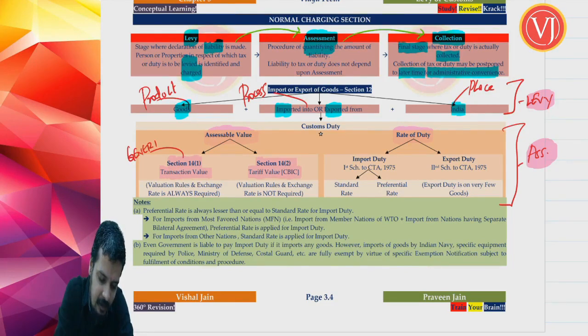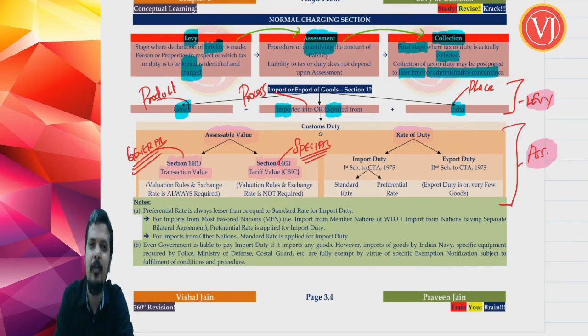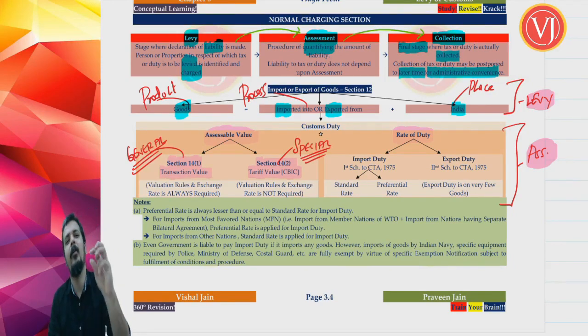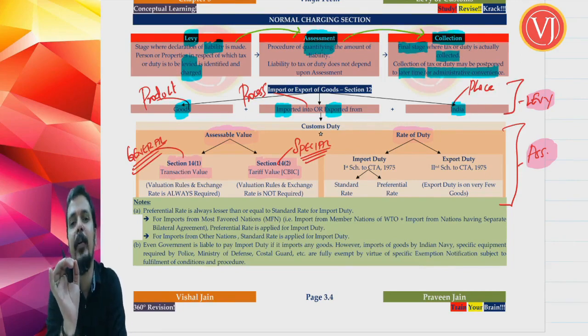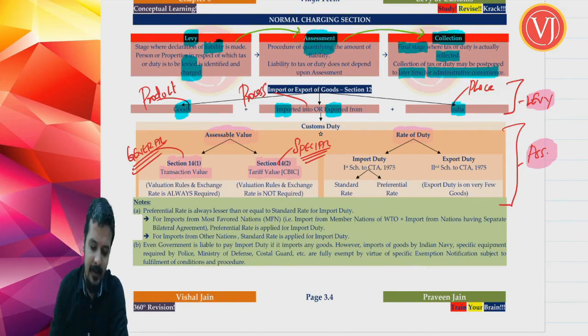The general valuation provision is section 14, subsection 1, where we are going to focus on transaction value. And special valuation provision, section 14, subsection 2 is applicable only for notified goods, which is very limited in numbers, where the focus is on your tariff value given by your CBIC.